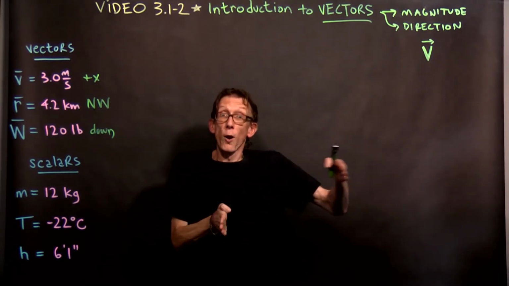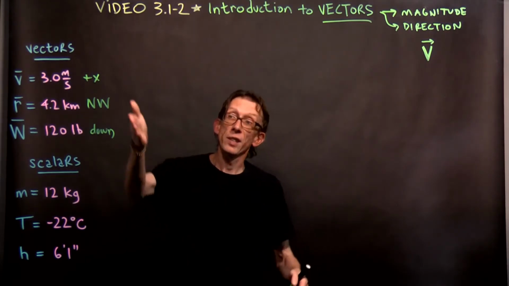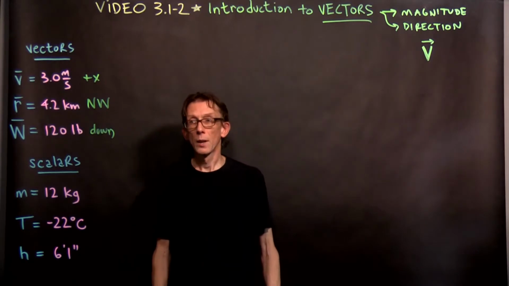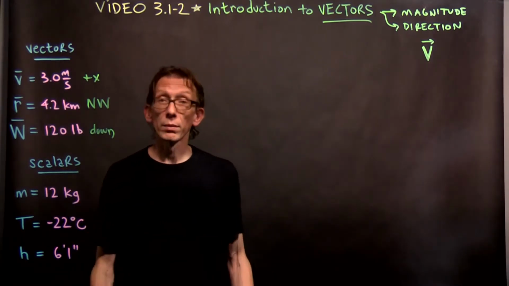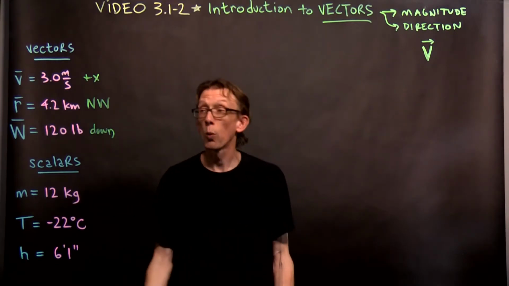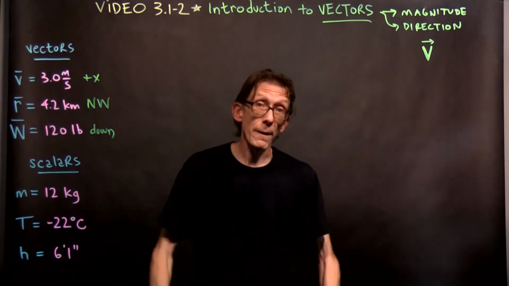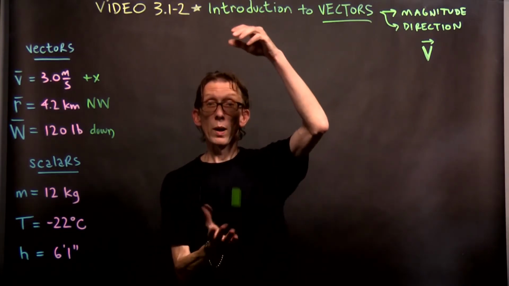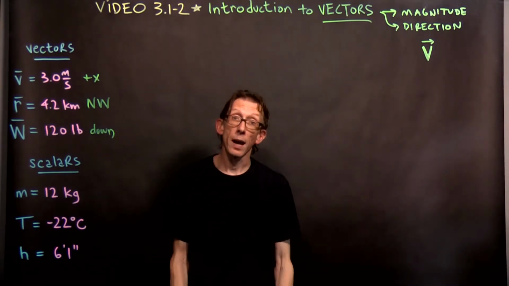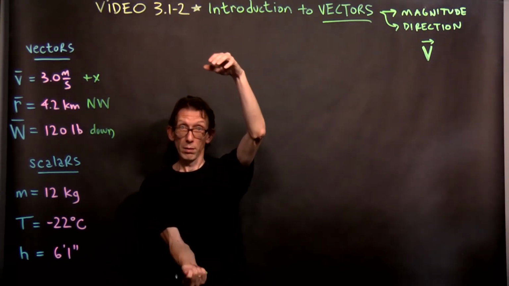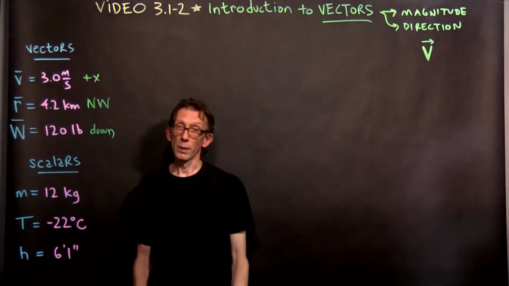The magnitude is how far you went, and the direction, in this case northwest, tells you in what direction you went. And the weight of an object points down. We haven't talked about weight. Weight is a force. Haven't talked about forces yet, but weight is a force, and you can appreciate that weight takes a body down, as demonstrated there by my very dramatic pen-falling demonstration.